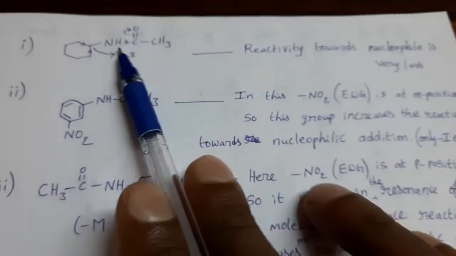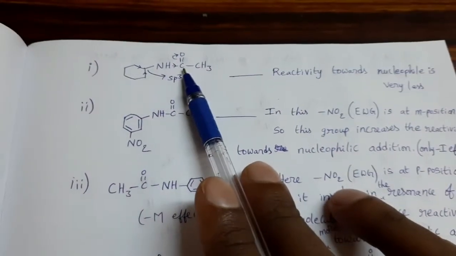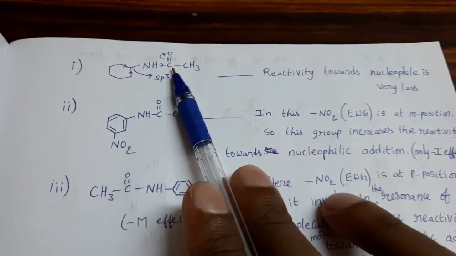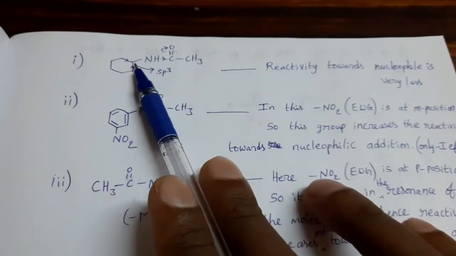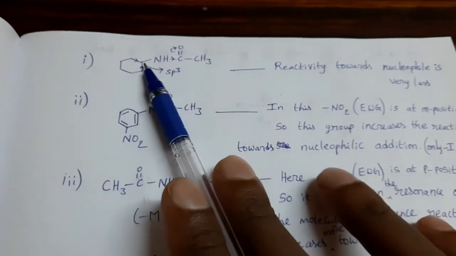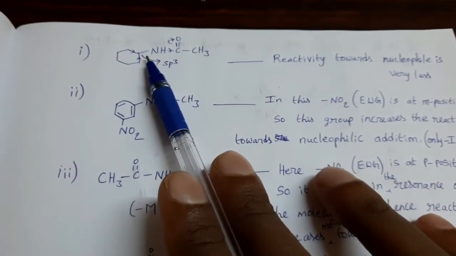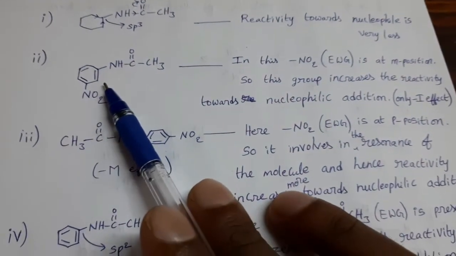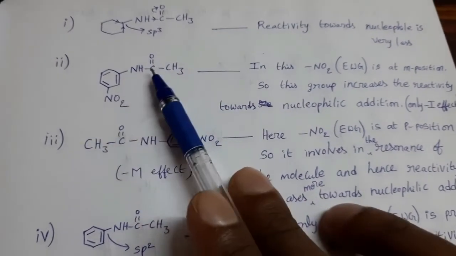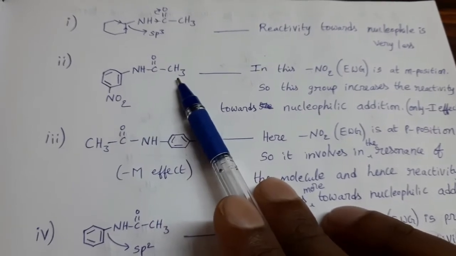So nucleophilic addition at this carbonyl carbon is very less because the required electron density is provided by this carbon atom present in the cyclohexane.